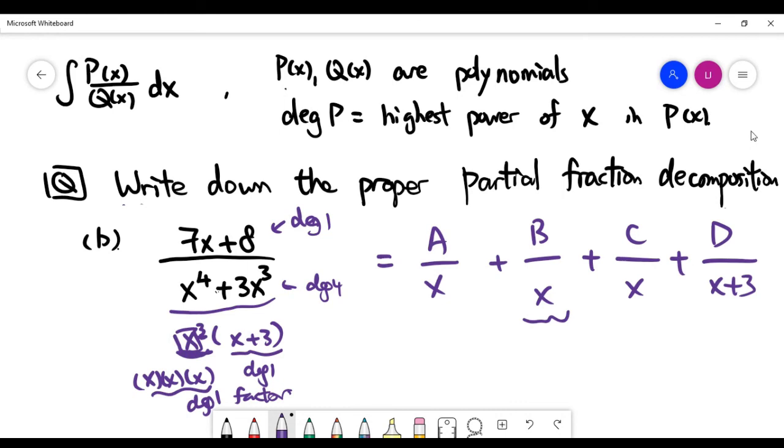For example, for the second one, I can write it as b over x squared. For the third one, we can raise the power again to x cubed. And that's the correct partial fraction form of this case.